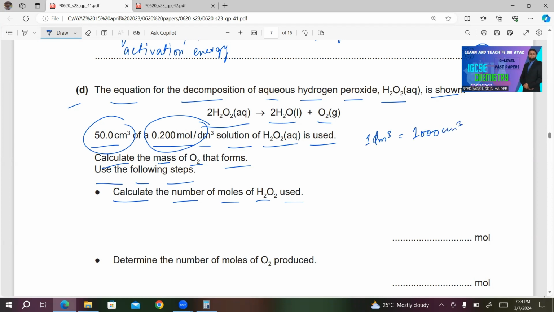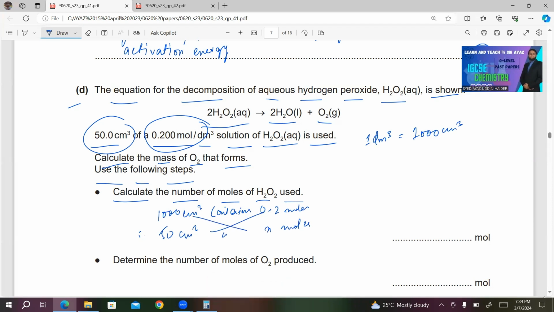So you'll write 1000 centimeter cube contains 0.2 moles. Therefore, 50 centimeter cube contains X moles.